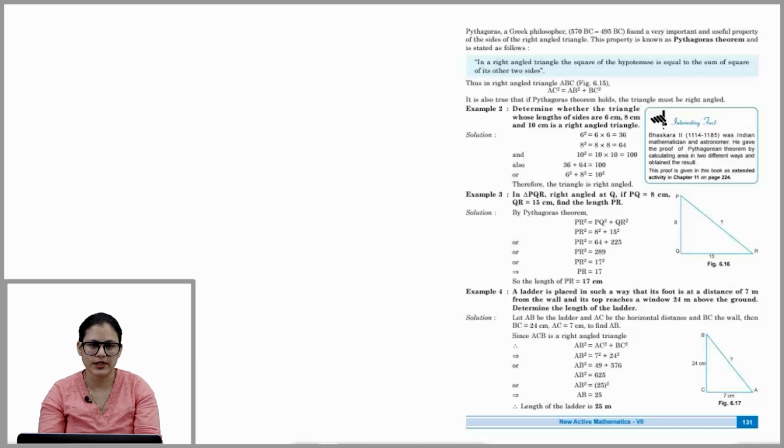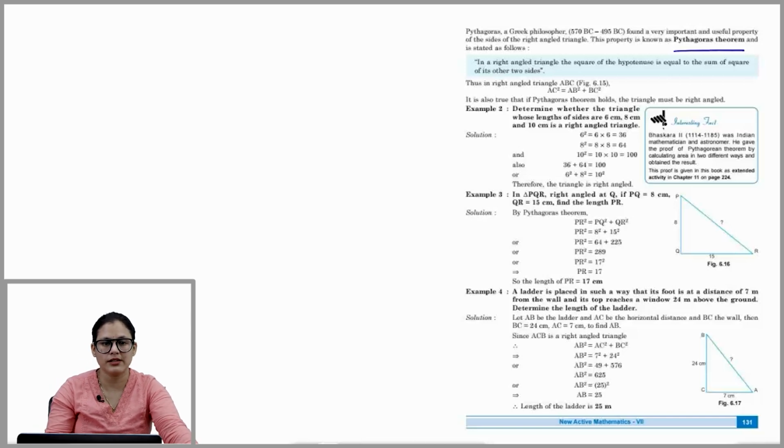Pythagoras, a Greek philosopher, 570 BC to 490 BC, found a very important and useful property of the sides of the right angle triangle. This property is known as Pythagoras theorem and is stated as follows. In a right angle triangle, the square of the hypotenuse is equal to the sum of the squares of the other two sides.